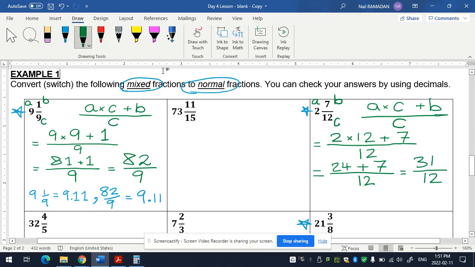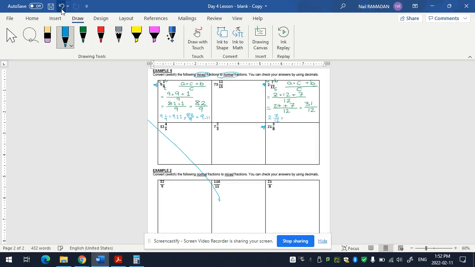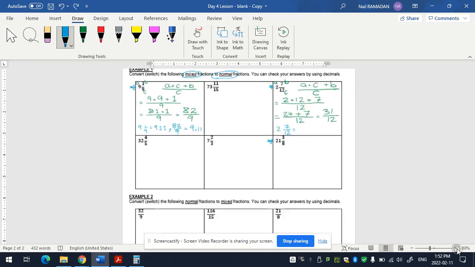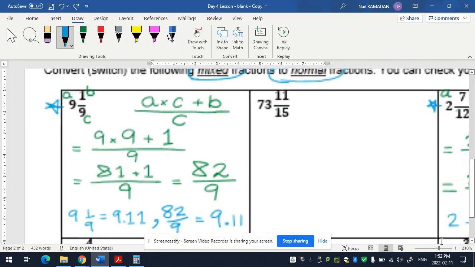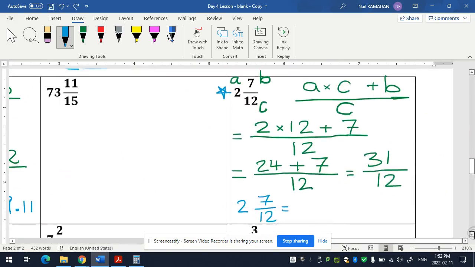Let's check with decimals, which is something you should do, not must do. So what is 2 and 7/12? Well, I just need the 7/12.